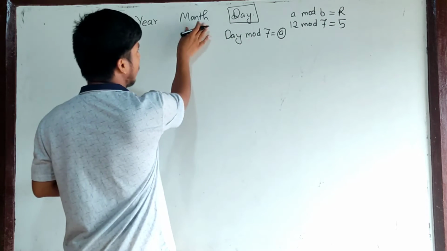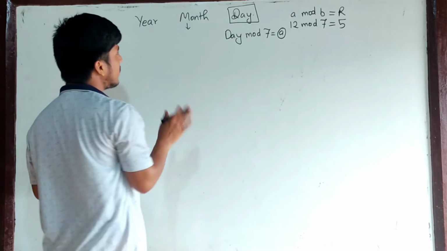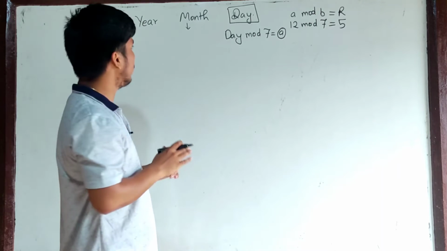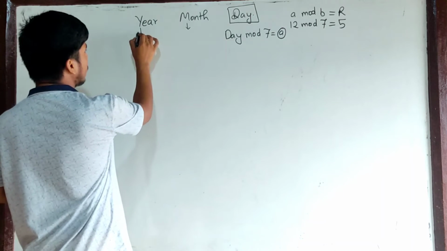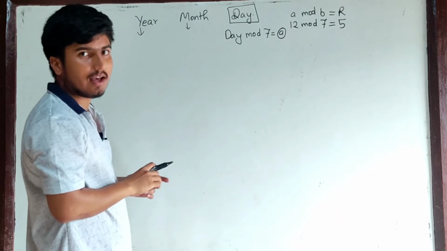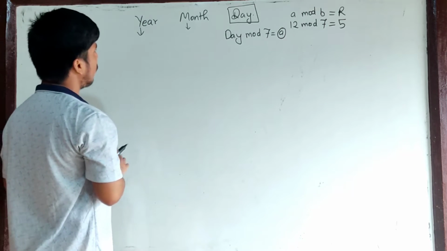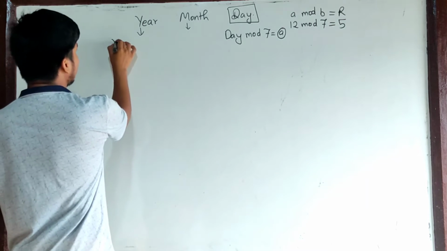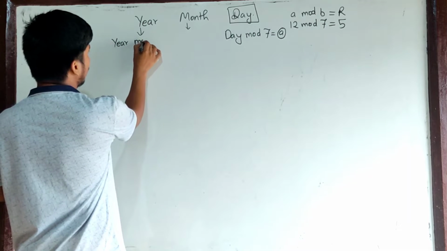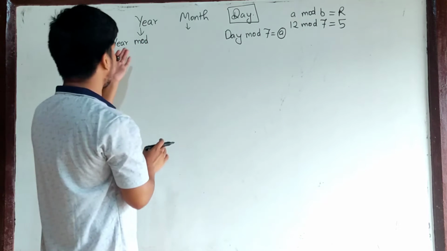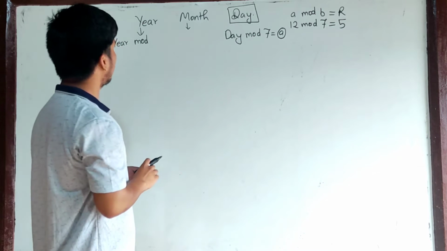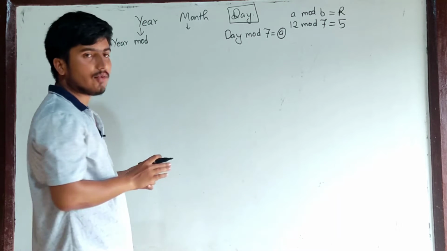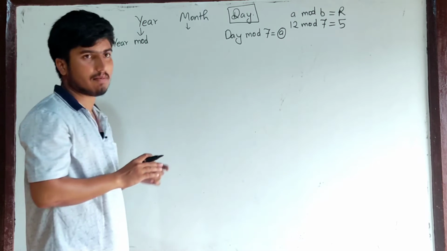Then we move on to the month, and for the month we need to see if the year that we are going to talk about is a general year or a leap year. To check this, we integer divide by 4, or do a similar modular division, but not by 7, by 4. If we have to check whether a given year is a leap year or a general year, we need to find out if it is exactly divisible by 4.